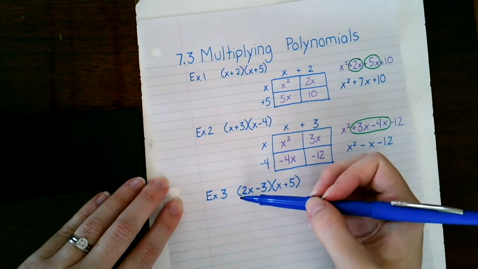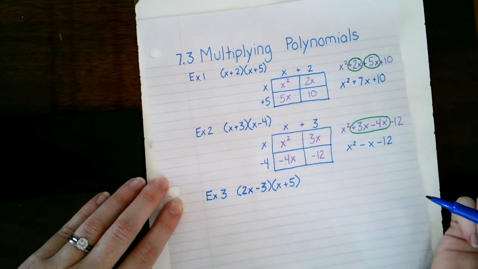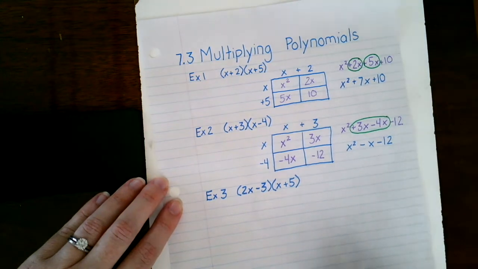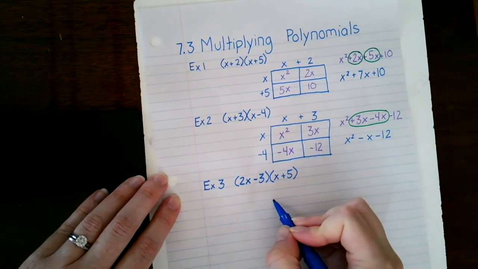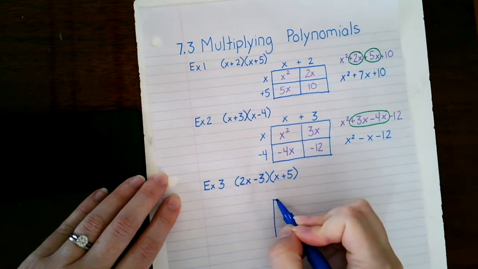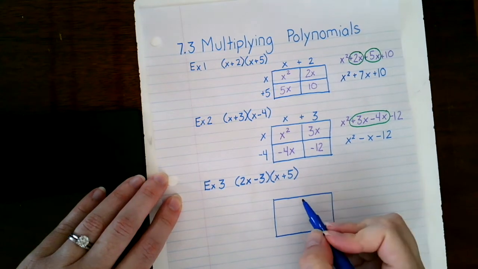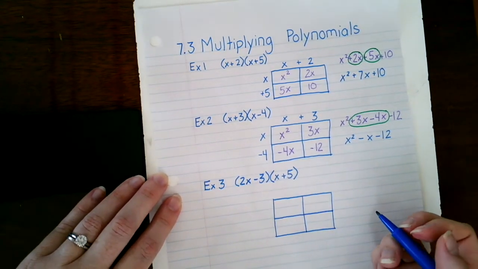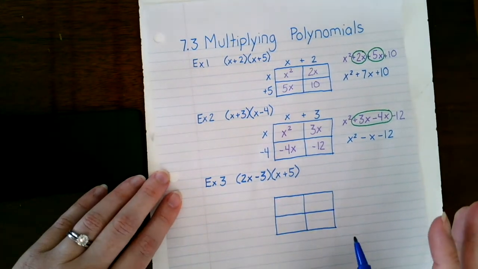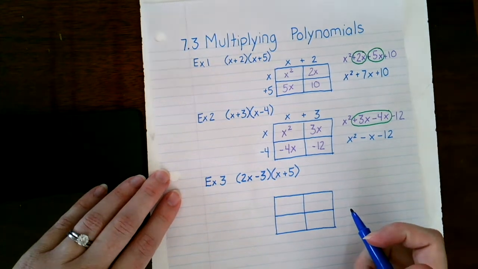This one we have a coefficient to our x, whereas in our other two examples we never had a coefficient. This does not change our setup at all. We're still going to use our area model to help us stay organized. So I'm going to sketch that out. Remember, you should be writing everything that I'm writing, following along. Pause at any time. If I'm going too fast, go back, look at it again.